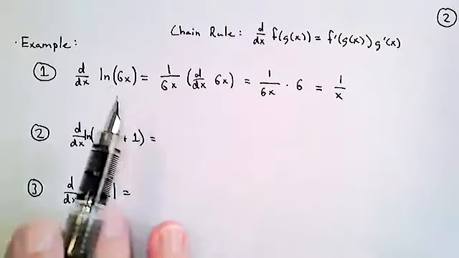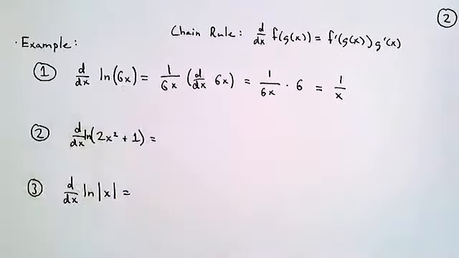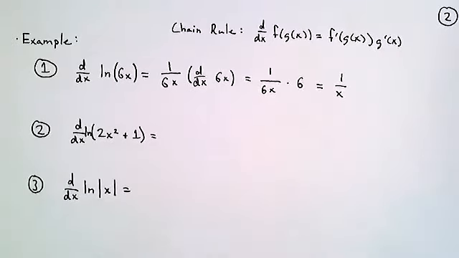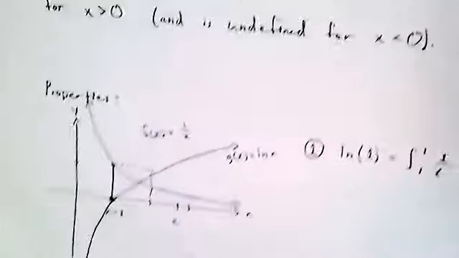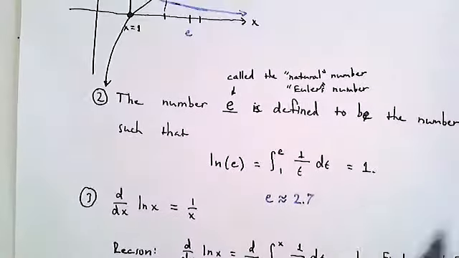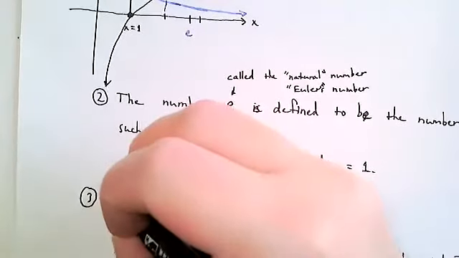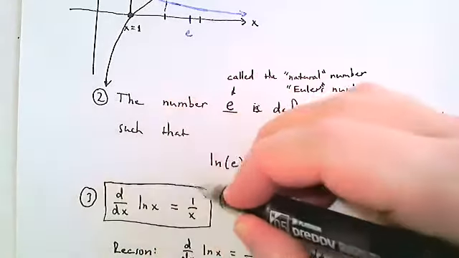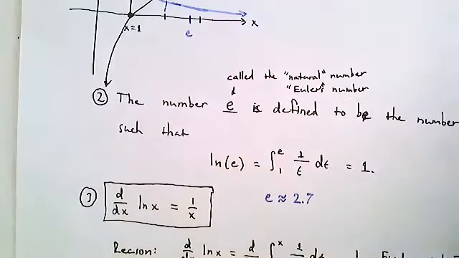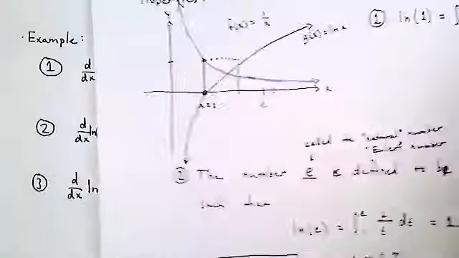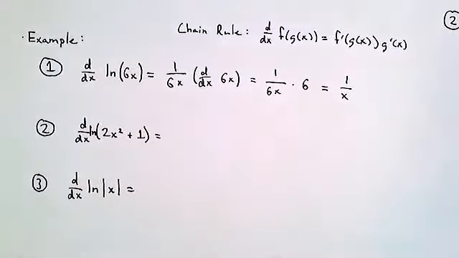So even though I had a 6 inside of my natural logarithm function, it didn't actually change the derivative. So this was the basic derivative formula for natural logarithms. It's just 1 over x. If I multiply x by a number, that doesn't change the derivative.